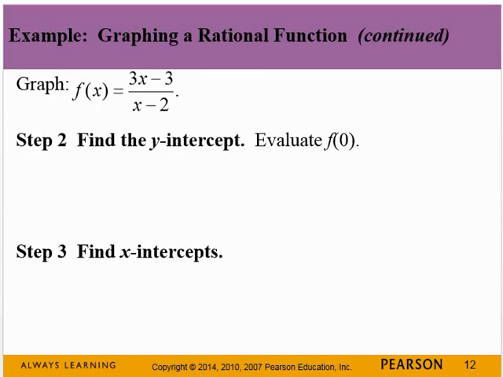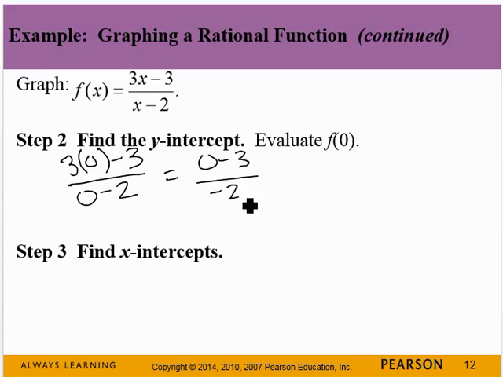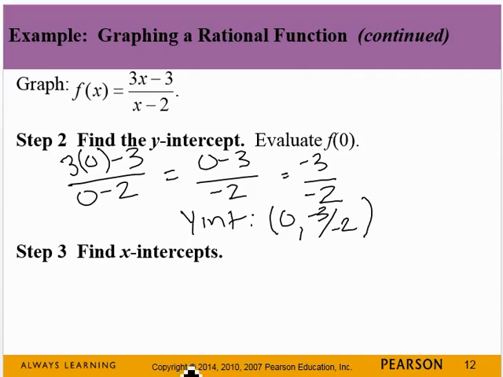Step 2 says find the y-intercept, so evaluate f of 0. So we're going to have 3 times 0 minus 3, over 0 minus 2. So you have a y-intercept at 0, 3 over 2.